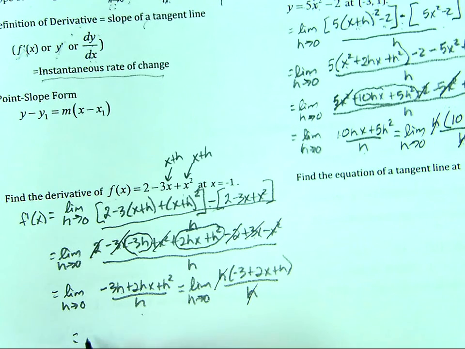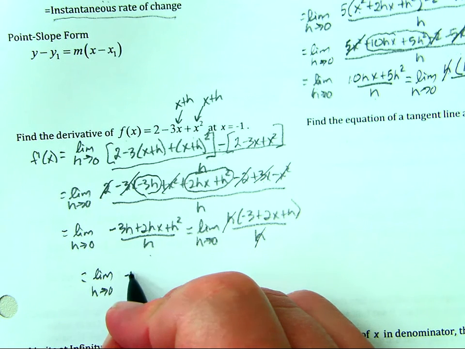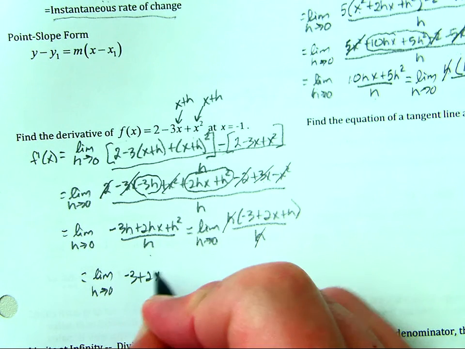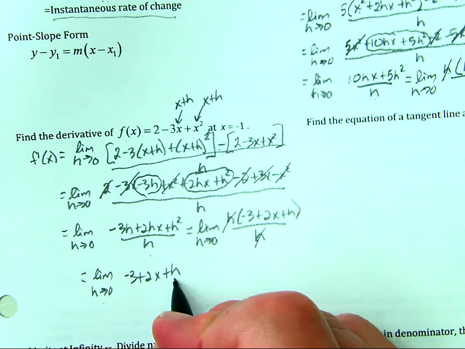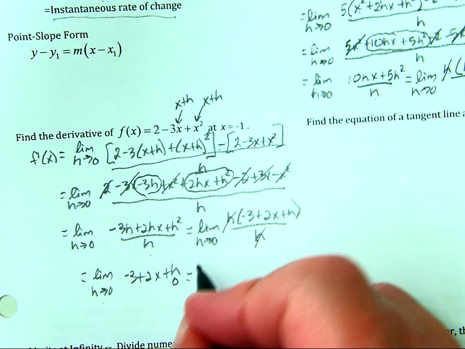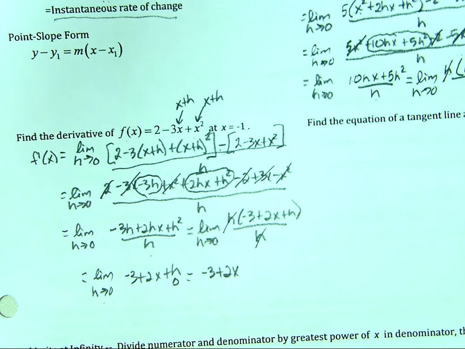We're left with the limit as h approaches 0 of just the top, negative 3 plus 2x plus h. Well, now let's plug 0 in for h right here. That leaves us with negative 3 plus 2x. That's our derivative.